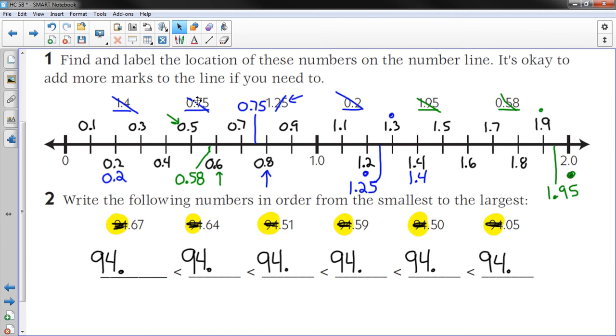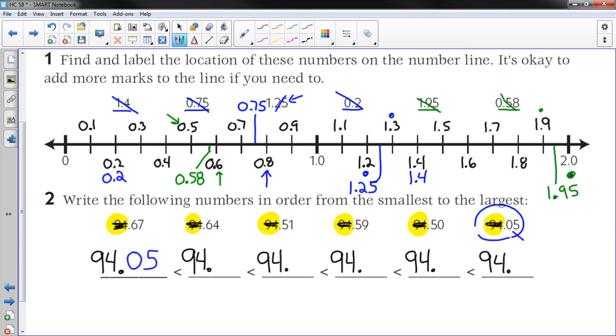By scratching off the 94 up above, I can really start looking at the numbers and compare them. That's where they really differ. And I notice right away over here, that's the smallest number. That's 500ths, and that's smaller than the other ones. So that's going to go right there.